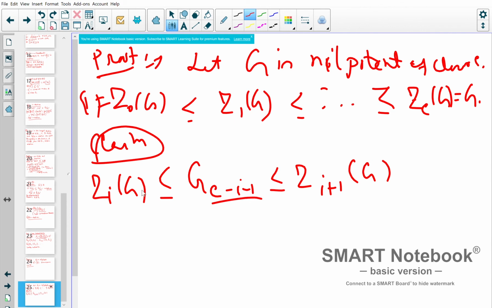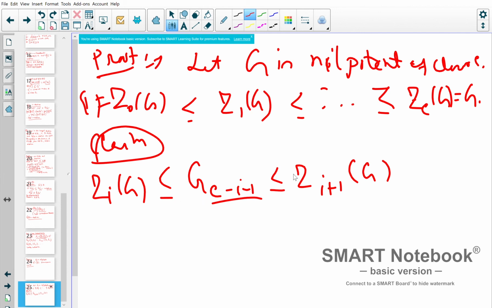What does that mean? If this is true, then you know that it will stop. Z0 is the identity, so if i equals 0, then G(C minus 1) will be the identity. So this will stop. Okay, so how to prove this?